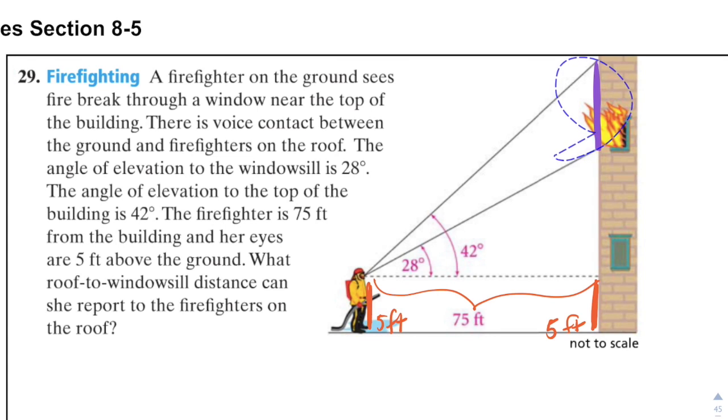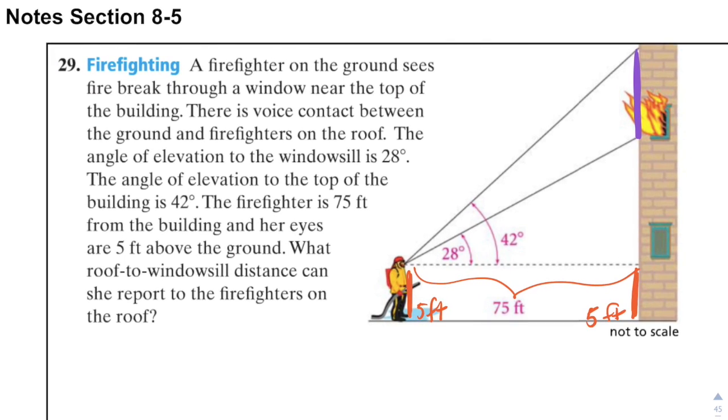Why is the 5 feet there? The firefighter is 75 feet from the building and our eyes are 5 feet above the ground. Okay, we actually don't really need the 5 feet here. We're looking for the distance between the roof and the windowsill. So in that case, what I did in purple is all we really need. The 5 feet is just ambiguous.